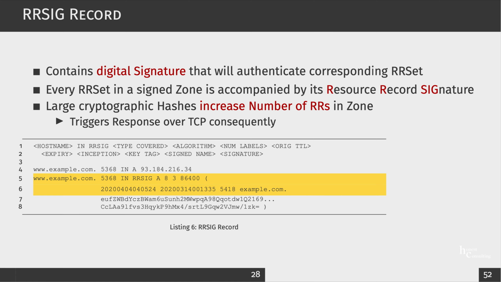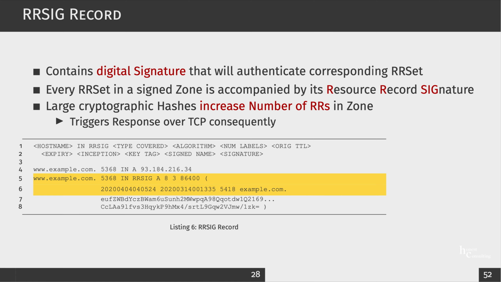To store the digital signatures for resource records, we created the RRSIG record, the resource record signature, a dedicated record type that is used to store signatures. And in listing number 6, we can see the resource record set of www.example.com.